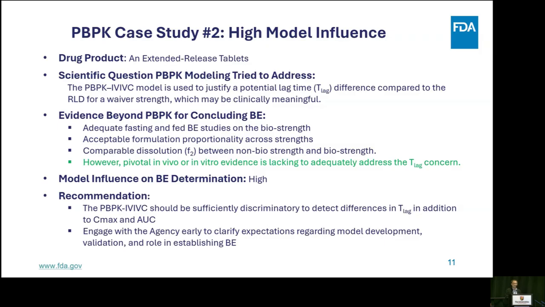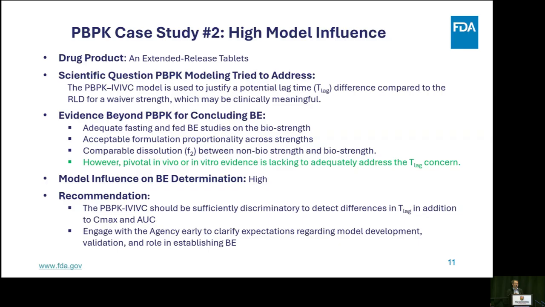But for this specific case, the concern is about the T-lag. So the applicant tried to use a PBPK IVC model to justify a potential T-lag issue compared to the RLD for a bow strength. This T-lag issue may be clinically meaningful.